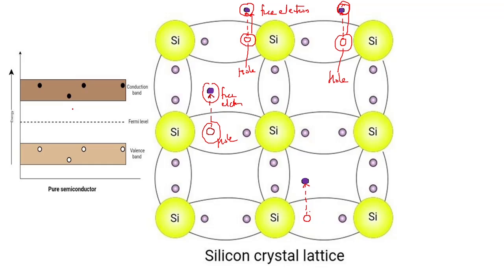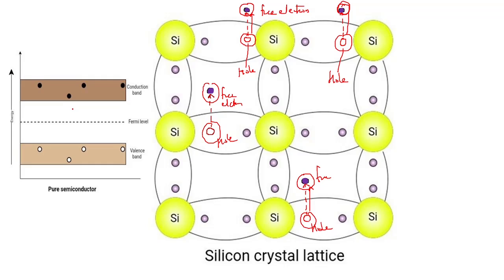Whenever the electron which was forming the covalent bond with the adjacent silicon atom's valence electron breaks the bond and comes out and becomes a free electron, a hole is created at the place where it was originally. That means whenever a free electron is created, a hole is also created.